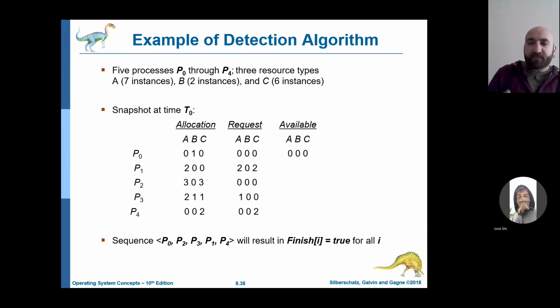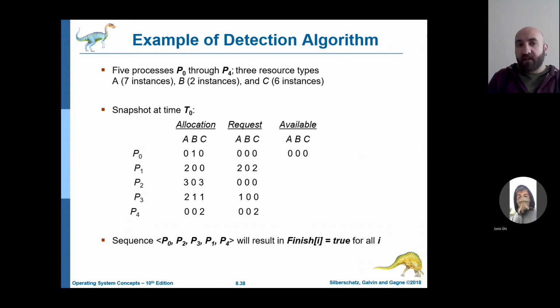Available means the available resources on hand. Allocation gives us how many instances are allocated to each thread for each resource. And here we have the request matrix. This snapshot represents the current state of the system.